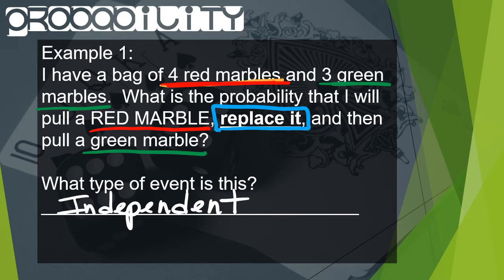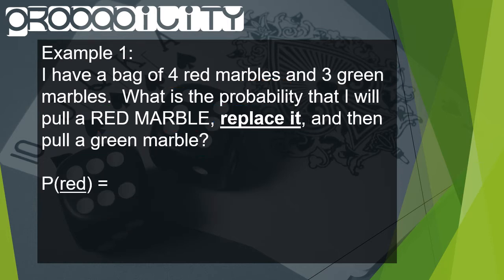Here's how this looks mathematically. There are 7 total marbles, and 4 of them are red, so the probability of pulling a red marble the first time is 4/7.